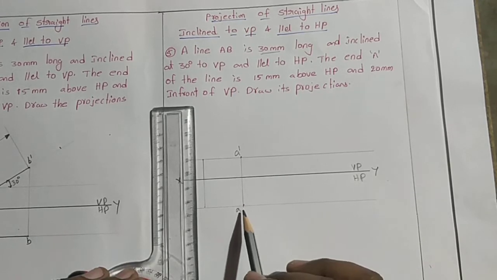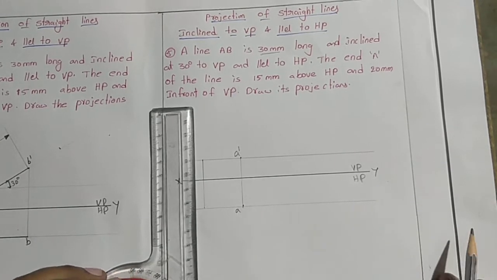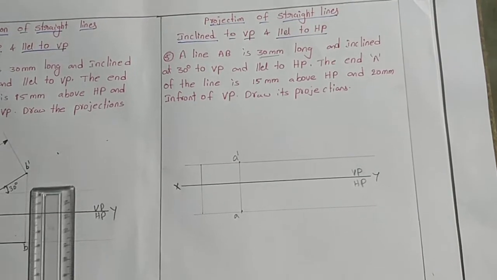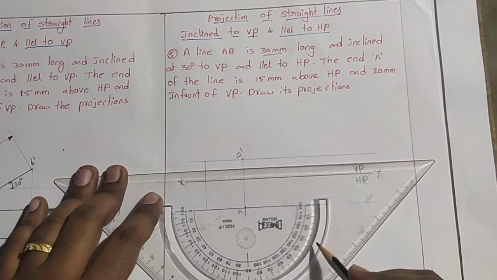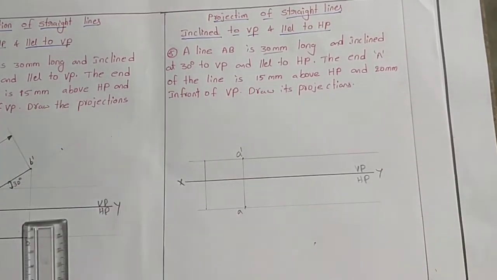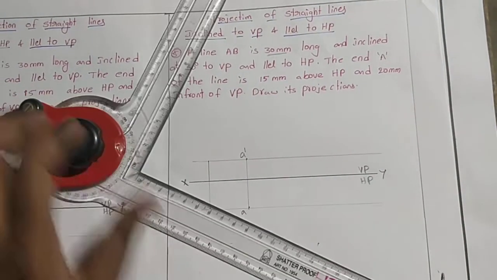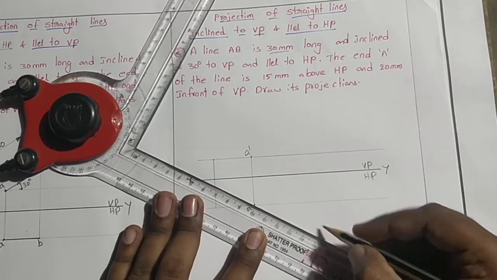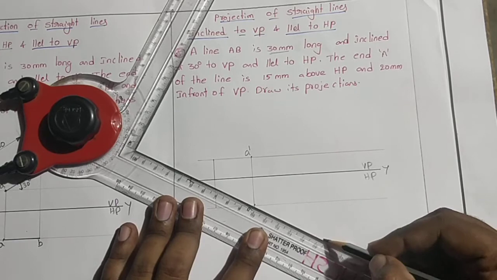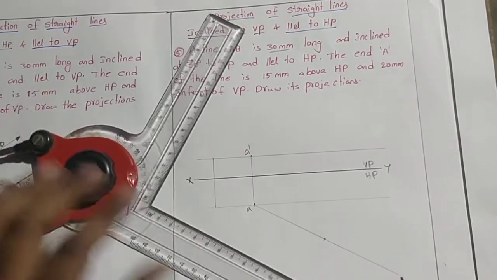So inclined to VP means we need to draw it in the top view. We need to measure 30 degrees inclined to VP. It is the 30 degrees line.